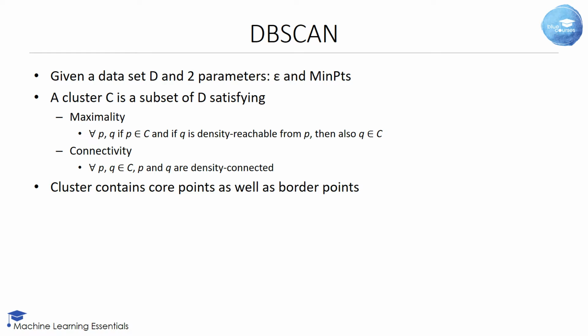The maximality condition states: for all P, Q, if P belongs to C, and if Q is density reachable from P, then also Q belongs to C. The connectivity condition states: for all P and Q belonging to C, P and Q are density connected. Note that a cluster contains both core points as well as border points.